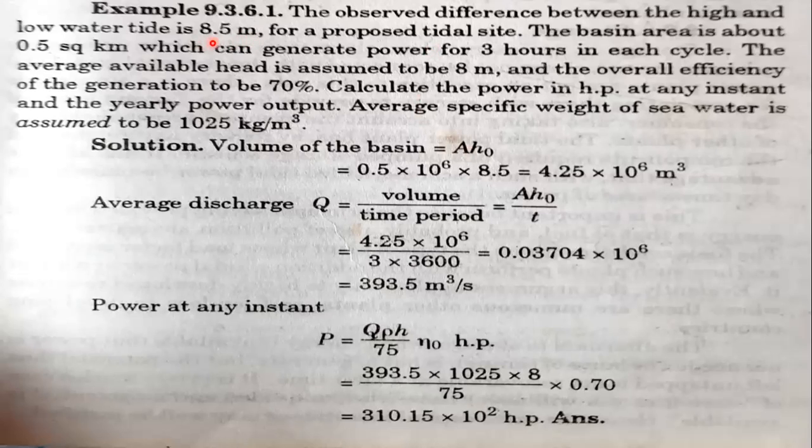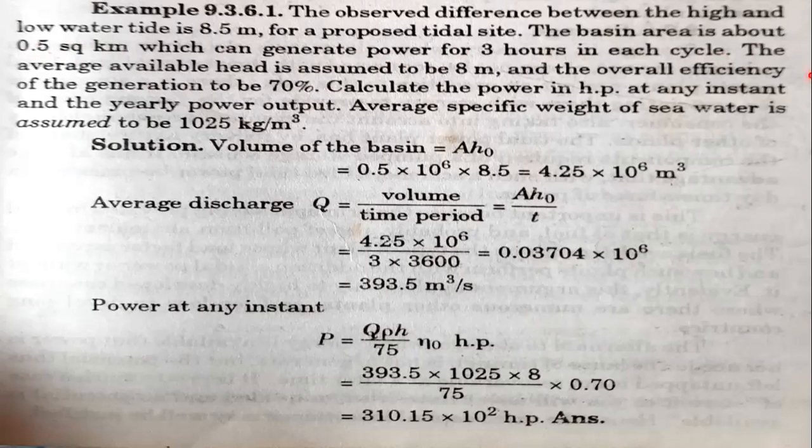That means H naught is the difference of the maximum and minimum limits. H naught is 8.5 meters for a proposed tidal site. The basin area is about 0.5 square kilometers, which can generate power for 3 hours in each cycle.